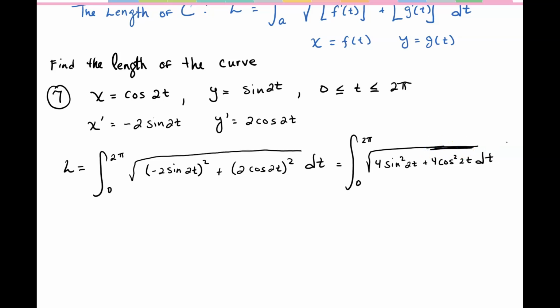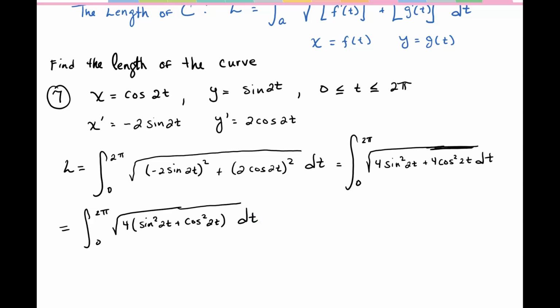Okay, so what I'm going to do is factor out that 4. So again, I'm going from 0 to 2 pi. I factor out the 4, and that's going to leave me with a sine squared of 2t plus a cosine squared of 2t. Let me clean that up. And then, of course, we've got our dt on the outside.